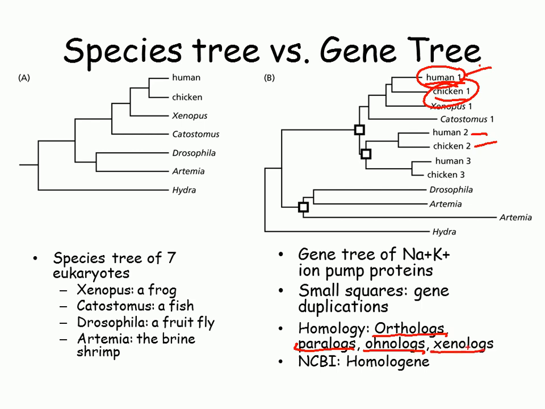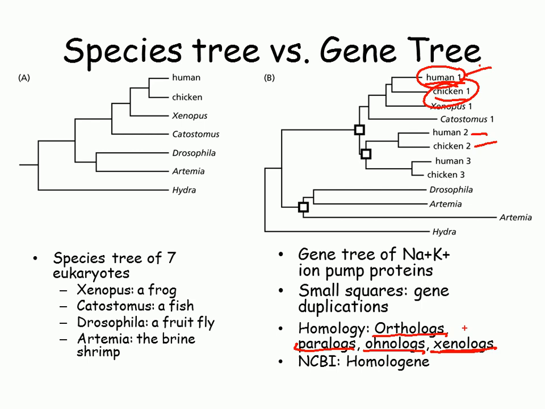Okay. How about xenolog? Yes, xenologs are due to horizontal gene transfer. That means you have 2 different species, a gene is transferred between them, and that usually happens in bacteria, where things like antibiotic resistance can be transferred from one bacteria to another.